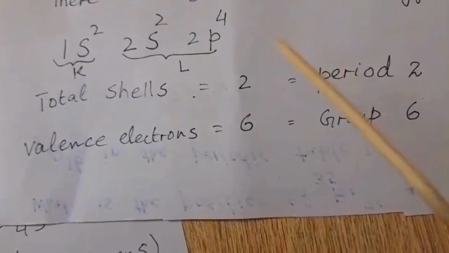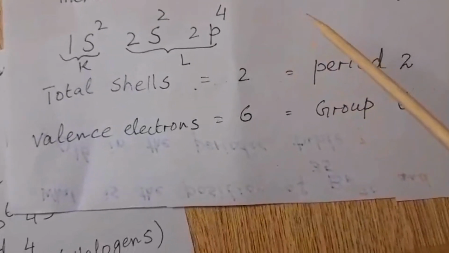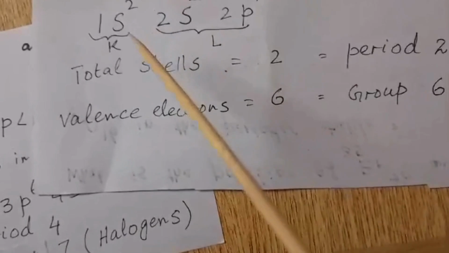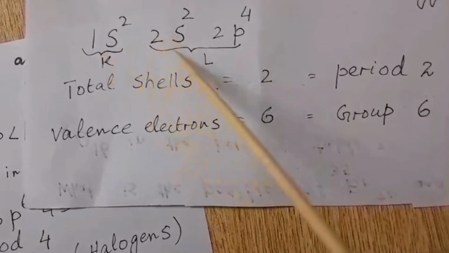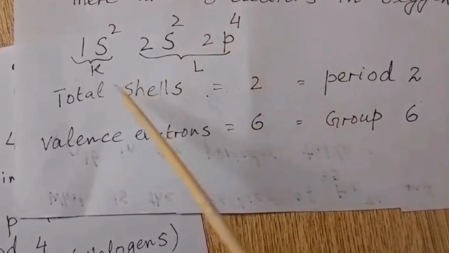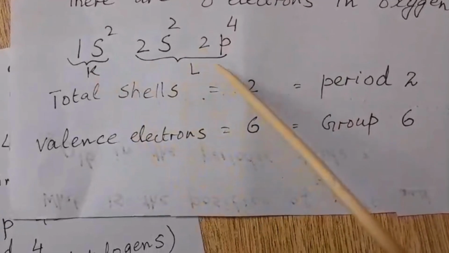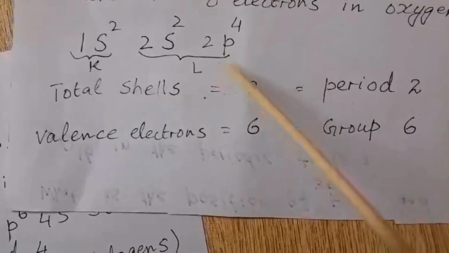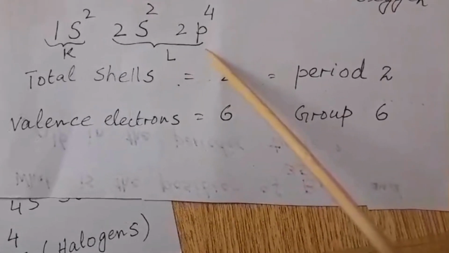Now we find out the position of oxygen. This is the electronic configuration of oxygen: 1s2, 2s2, 2p4. So this is the first shell, and this is the valence shell or the second shell. The second shell is the valence shell for oxygen.